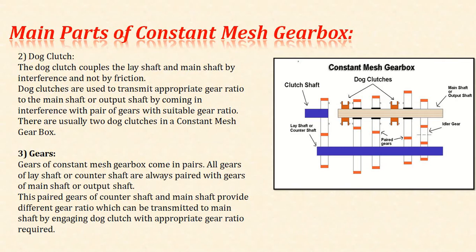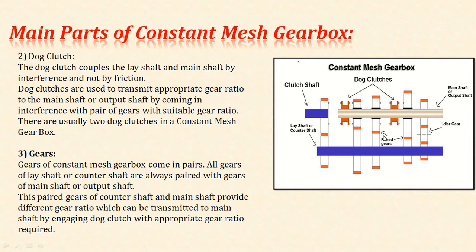The dog clutches are used to transmit the appropriate gear ratio to the main shaft or output shaft by coming into interference with the pair of gears with a suitable gear ratio. There are usually two dog clutches in a constant mesh gearbox.